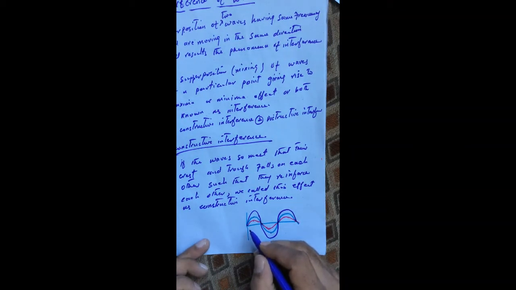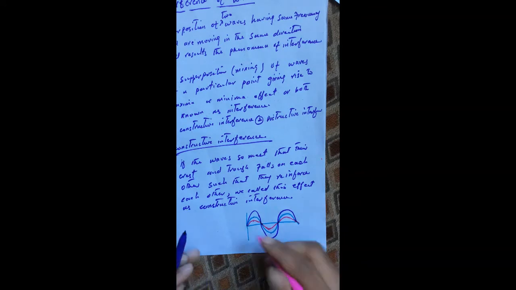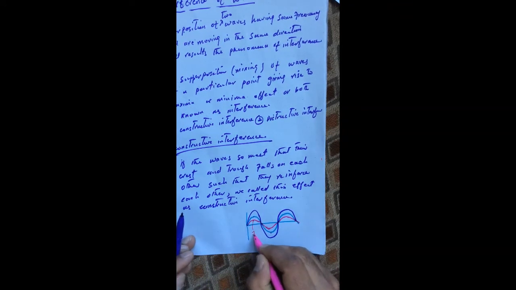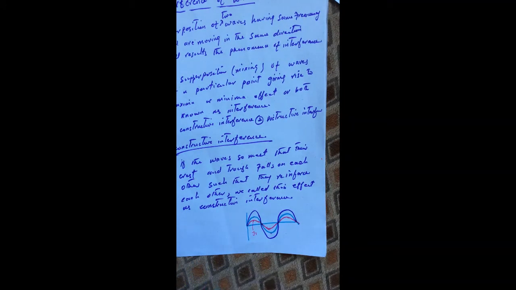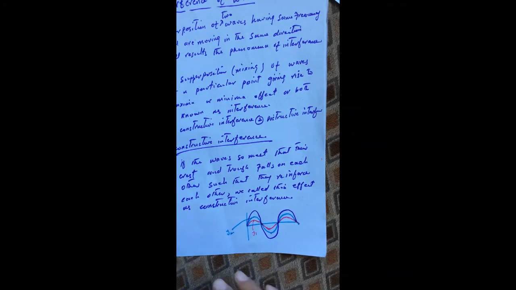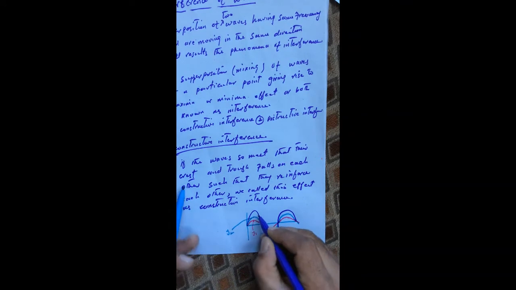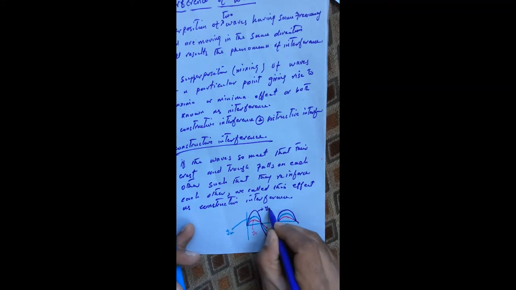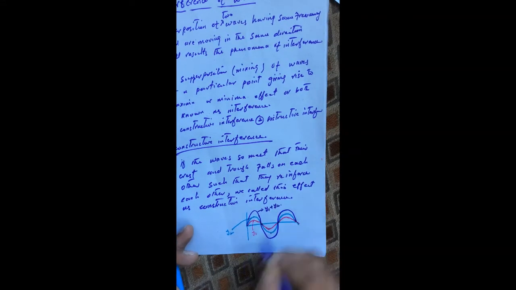Suppose we have wave 1 with amplitude y1, and wave 2 with amplitude y2, then the resultant wave has an amplitude equal to the sum of the amplitudes of the two individual waves.